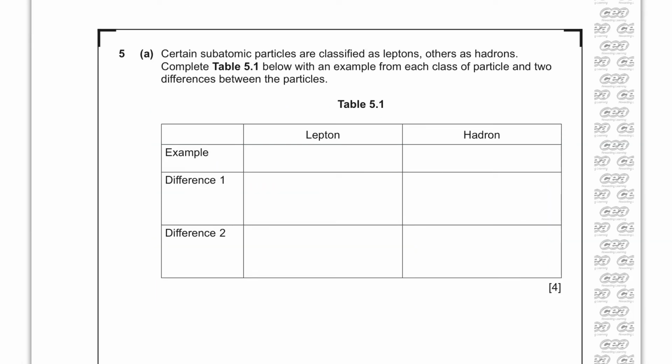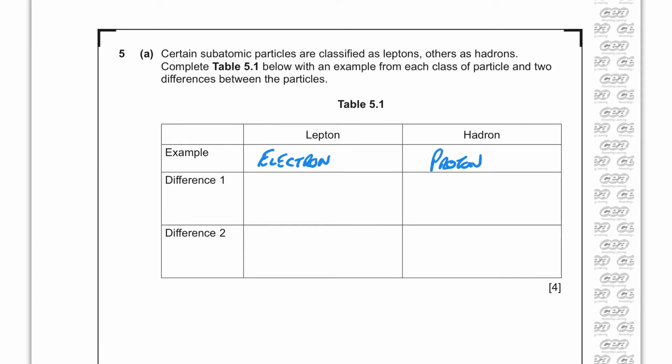5a. Certain subatomic particles are classified as leptons, others as hadrons. Complete table 5.1 below with an example from each class of particle and 2 differences between the particles. So this is a straight piece of memory work out of your notes. The most obvious example of a lepton would be the electron, and the most obvious example of a hadron would be a proton or a neutron.